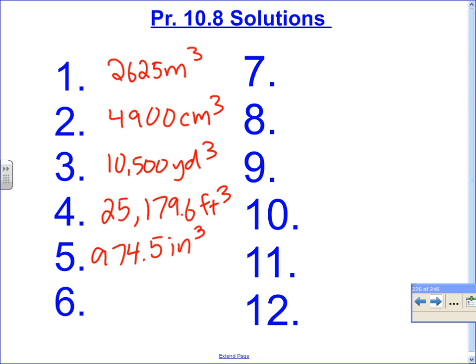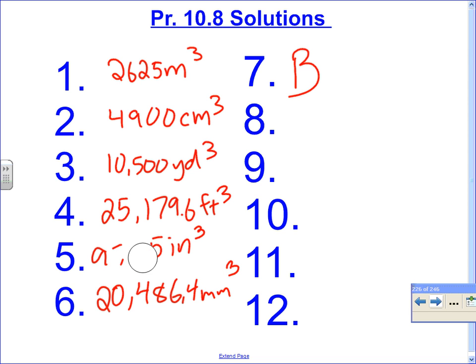Alyssa, number 6. Good job. Emma H, number 7. Good. Number 8, Adam. Yep, thank you. So this should be 75. Well, hey, I guess I should read the directions too, right?